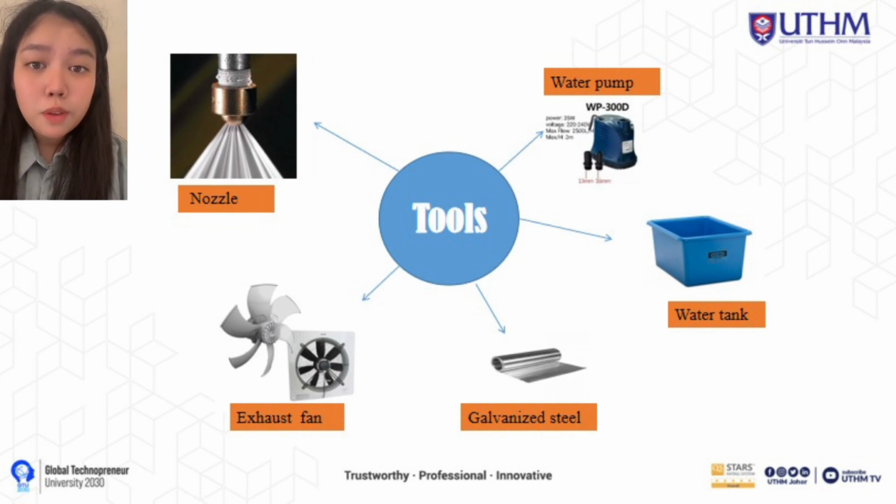The nozzle will be used to sprinkle water onto the cooling pad. Then we have a water pump. Its function is pumping the water from the tank to the nozzle. As for the water tank, it holds the water before it's pumped to the nozzle using the water pump. And lastly, the galvanized steel is used to build the place to put the direct evaporative cooling system.